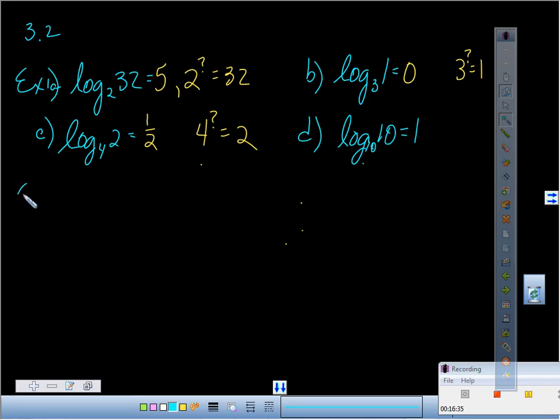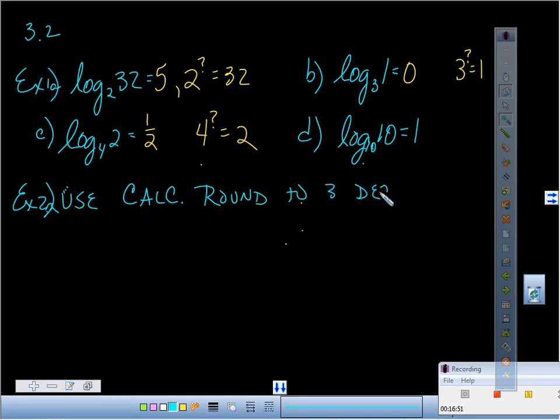Okay, here's example 2A. Okay? These are going to say, use the calculator. Round to 3 decimal places. Okay, are you ready?